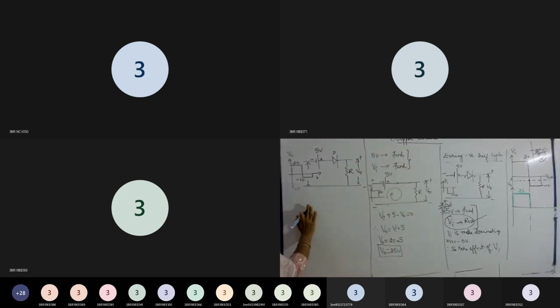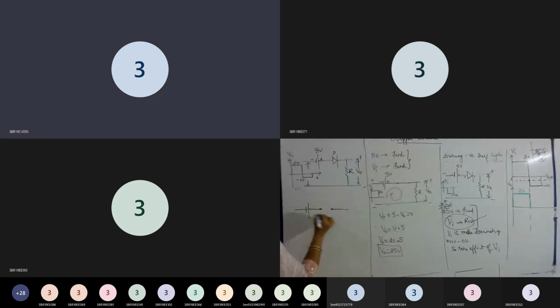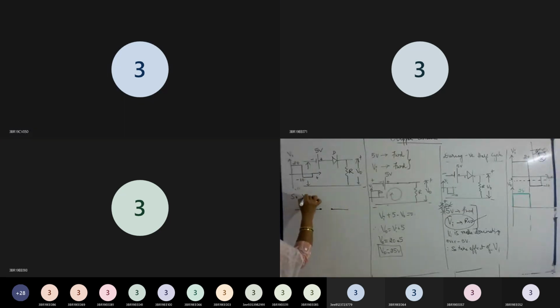Therefore, the circuit will be in this way. Vi is making the diode reverse biased. Reverse bias means open circuit. Therefore, the diode is replaced by an open circuit.